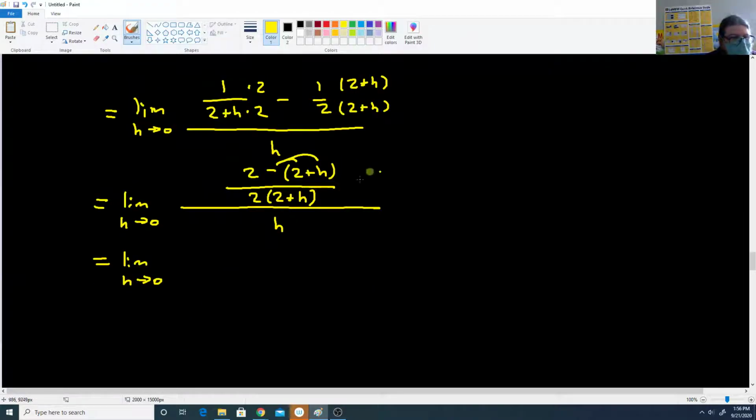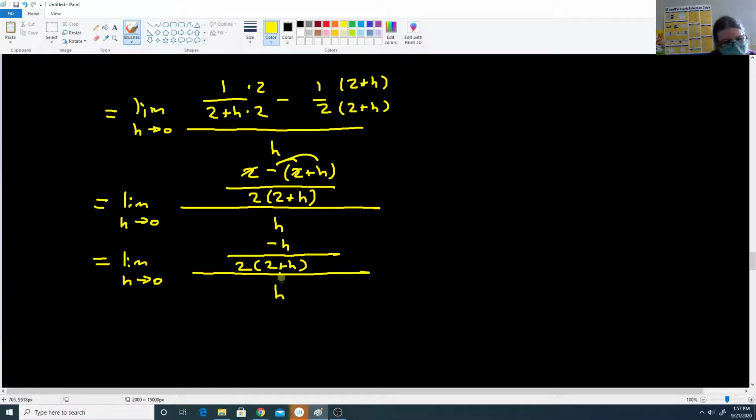We see that it's 2 minus 2, so the 2's cancel, and we get negative h.